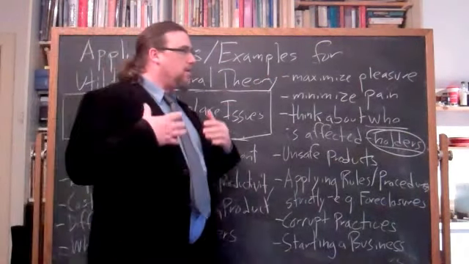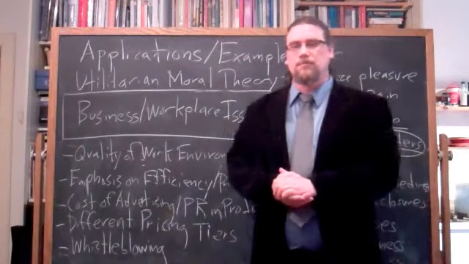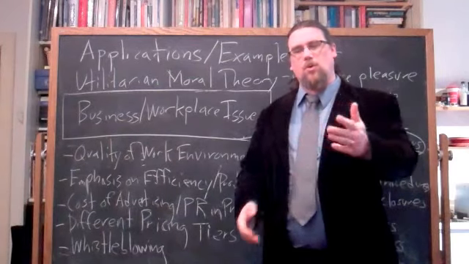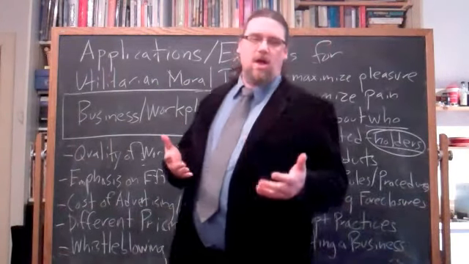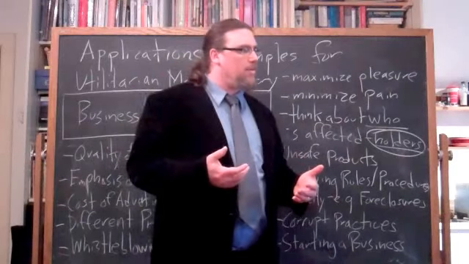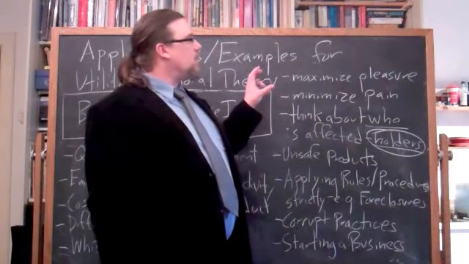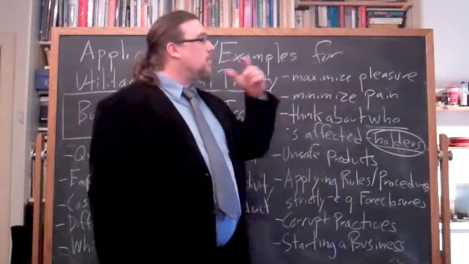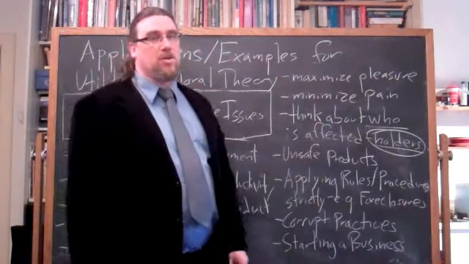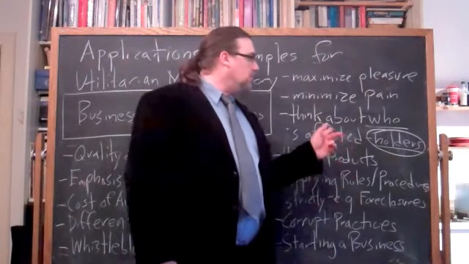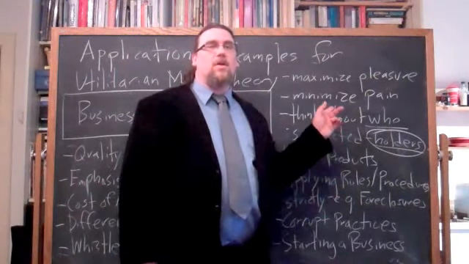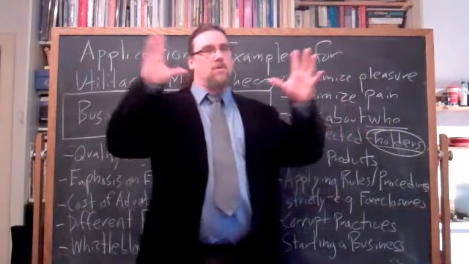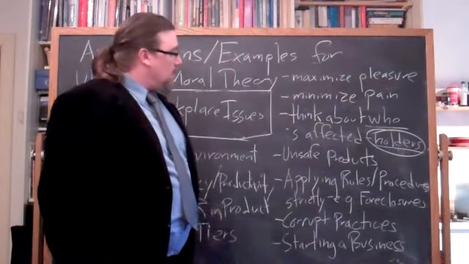Because if it's an unsafe product and it's being widely promoted, widely produced, widely sold, then a lot of people's lives, perhaps, a lot of people's health, a lot of people's livelihoods, pick whatever you like, are being threatened, and you're not minimizing pain, you're actually producing a lot of pain, and you're probably interfering with a lot of people's pleasure as well. This is one of those classic cases where limited benevolence or beneficence really should not get in the way of universal or general beneficence.